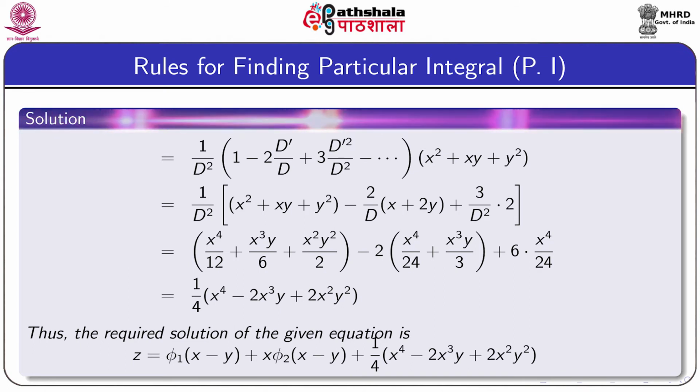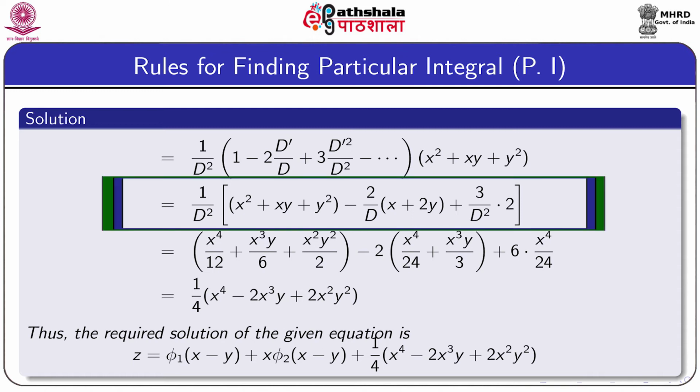Now if we operate the third operator 3 d dash square by d square, that means d dash is the derivative with respect to y, so d dash square represents the derivative with respect to y twice. So, if we take the second order derivative of x square plus xy plus y square with respect to y, it becomes 2. So, the terms become, as written in the second line, 1 by d square into x square plus xy plus y square minus 2 by d into x plus 2y plus 3 by d square into 2.